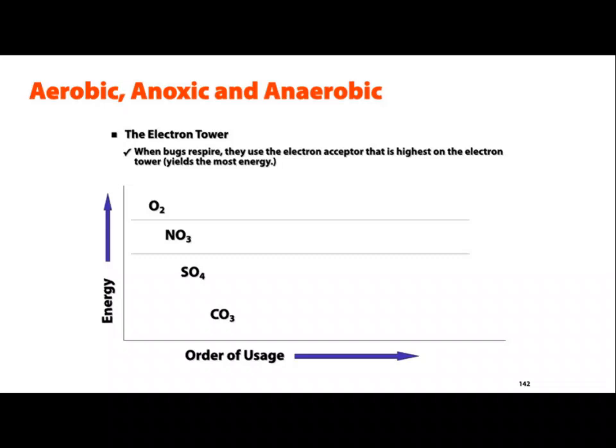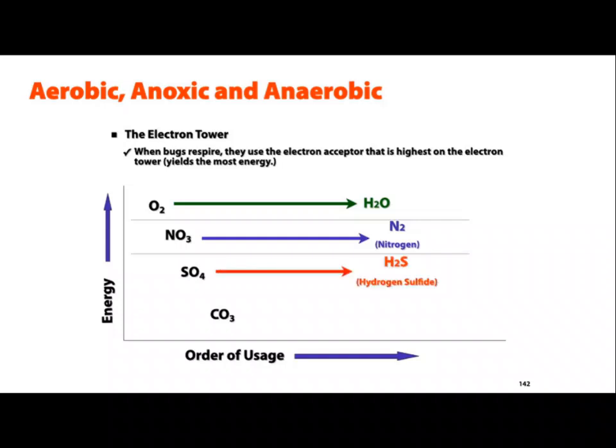So remember, these compounds are being reduced. Oxygen, when it's reduced by the bacteria, gets reduced to water. Nitrate gets reduced to nitrogen gas. That's exactly what it did here in the vessel, in the beaker, right?